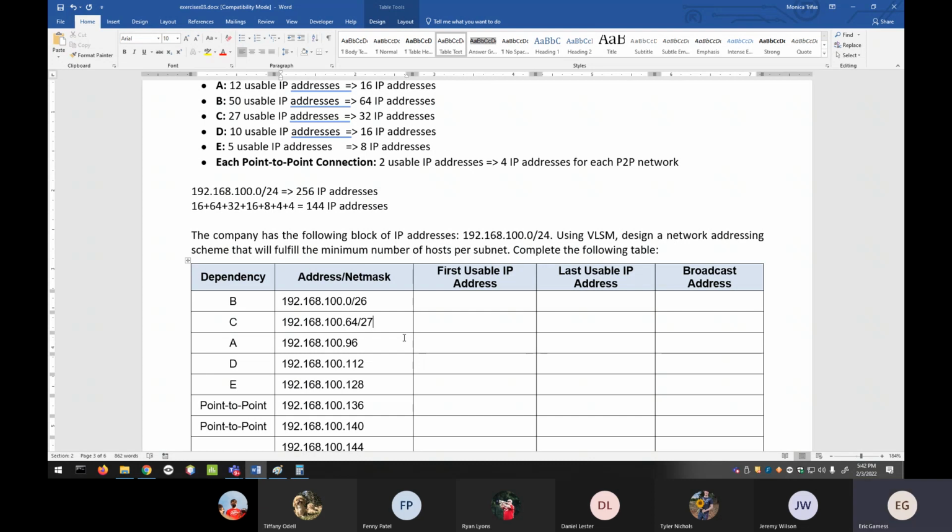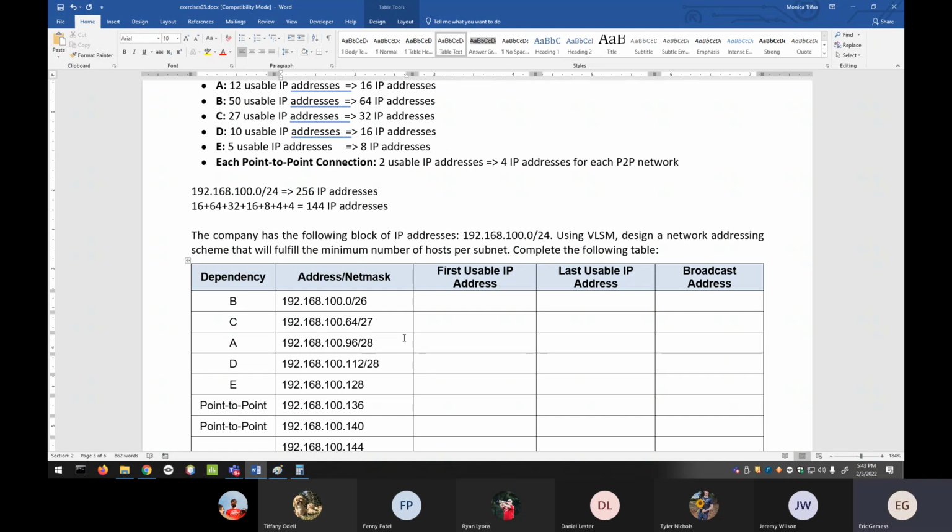Now I want A to have 16 IP addresses. So it will be a / what? 28, correct. I want D to have also 16 IP addresses. It will be a /28 also, okay? Remember, 32 minus 28 is 4. 2 to the power 4, 16. So D has 16 IP addresses.